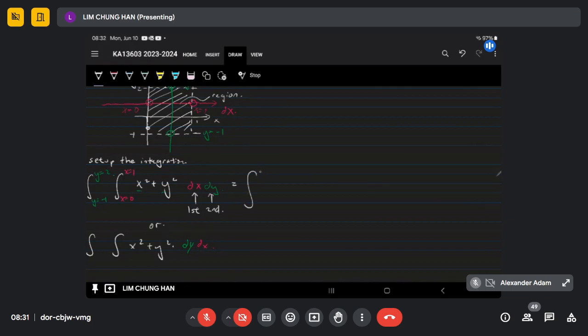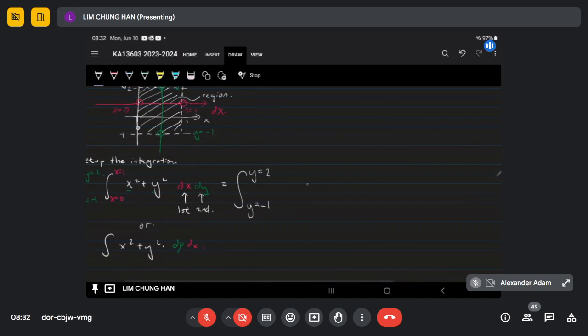We still have the y limits, don't forget, we have to copy those down. So we integrate x first, so it becomes x to the power of 3 over 3. Very good. And next, plus, here we have y squared. Do we have to do anything with the y?